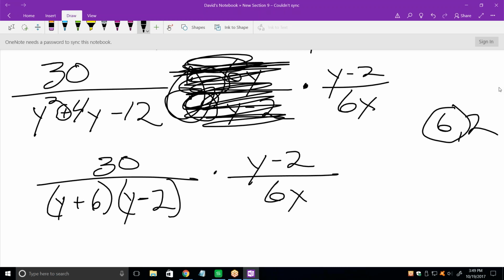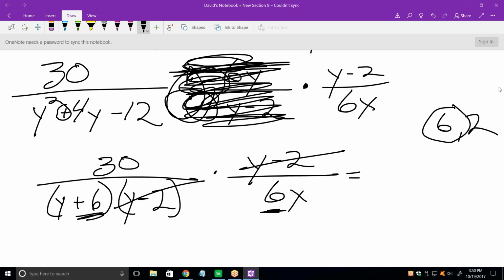What can we simplify? Y and negative 2. What else? With the 6. Well, I can certainly divide 30 by 6. So 30 over 6 can be simplified. Not this 6 over here. This 6 here. Okay.